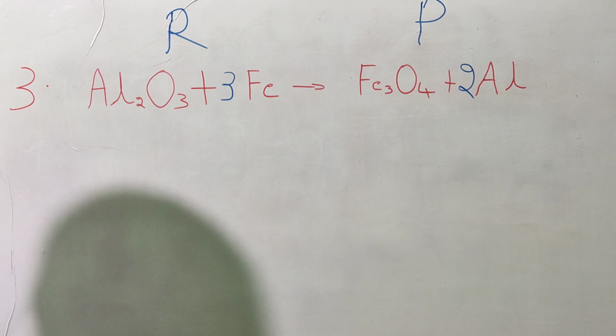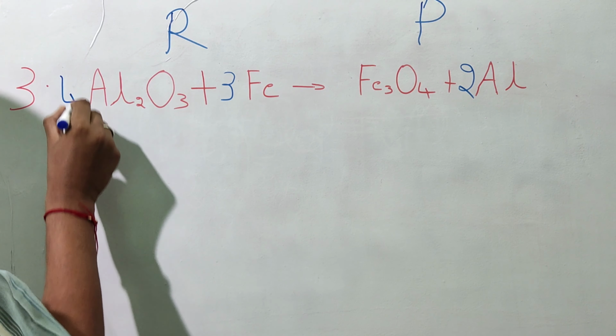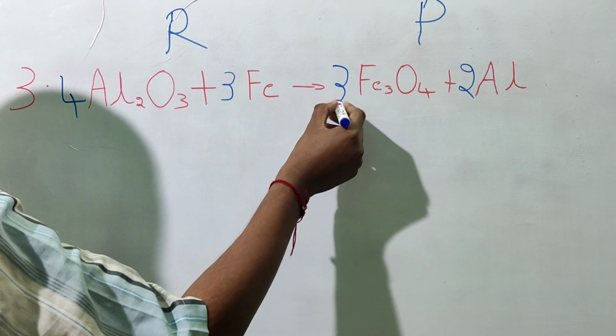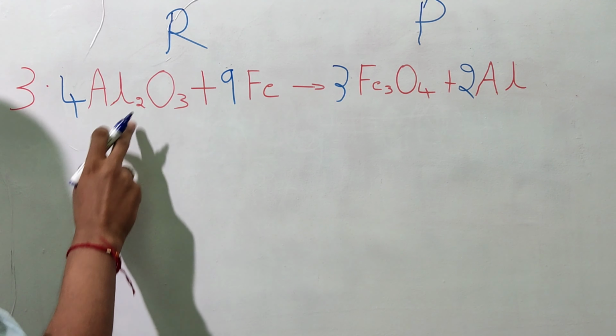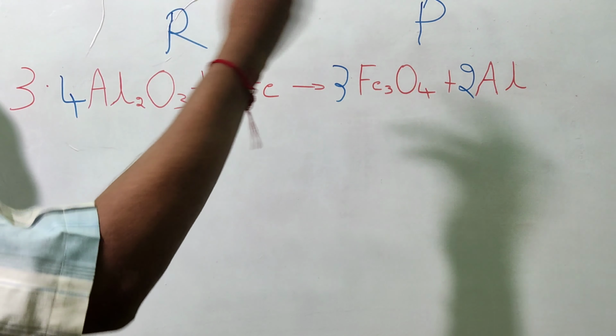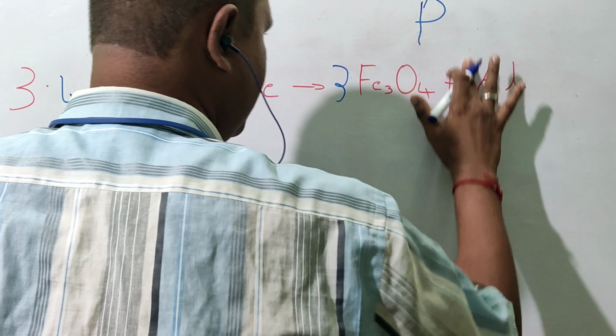To balance oxygen, first cross multiply, enter 4 here and enter 3 here, and then check for iron and aluminium atoms. Iron is 9 in the product side. So in reactant side enter 9 iron atoms, and aluminium is 8 in the reactant side. So in the product side also make it 8 atoms.